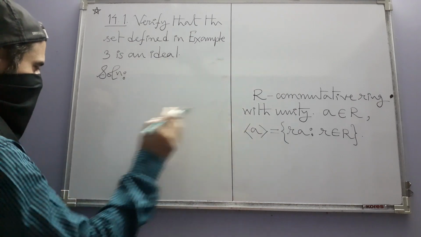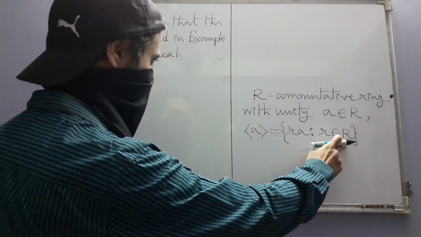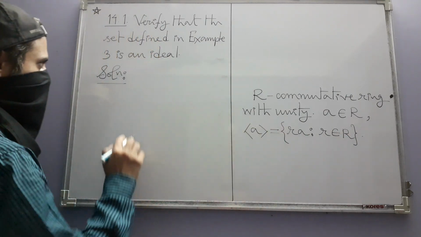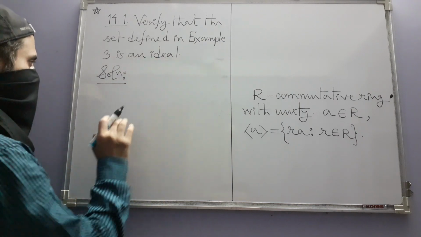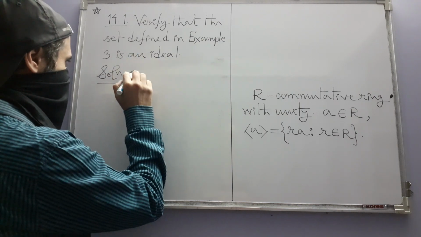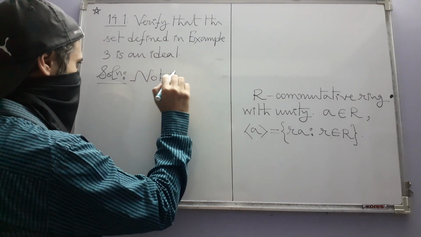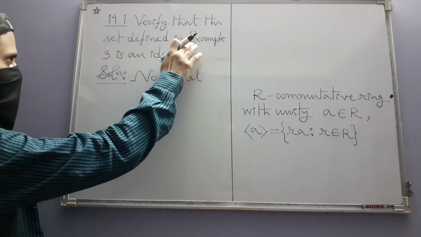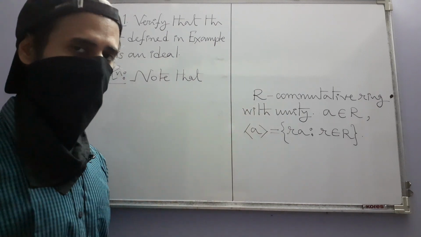First of all, the set has to be non-empty, which is clear because R is a non-empty set. So this is also a non-empty set. But anyway, let's just mention that. Okay, in the solution, note that because we have the reference here to example 3, we do not have to write these things again in the example.